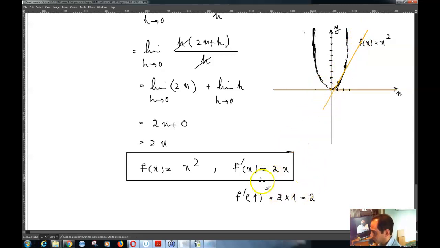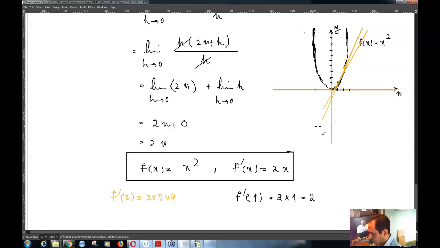At, for example, x is equal to 2, f prime of 2 is going to be equal to 2 times 2, which is equal to 4. So that would be basically this point over here, and 1, 2, 3, and 4, you would end up somewhere over here, so you would have this line over here.